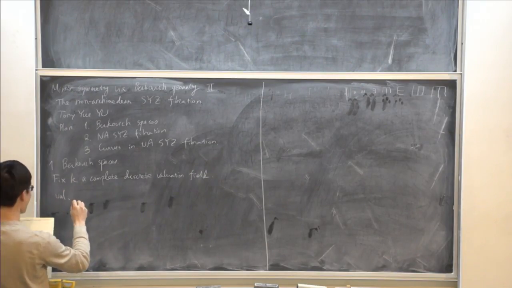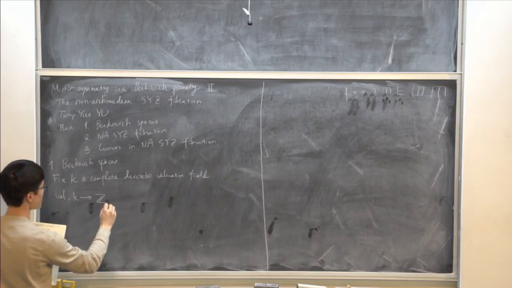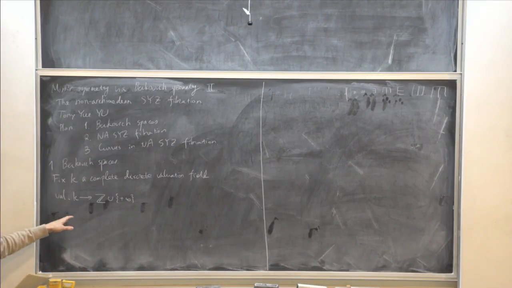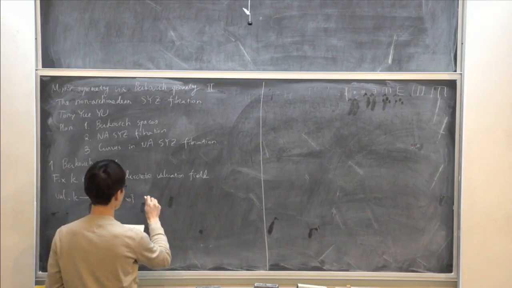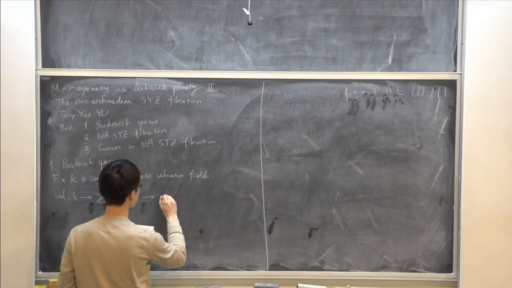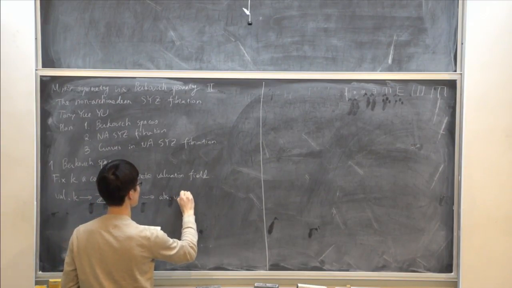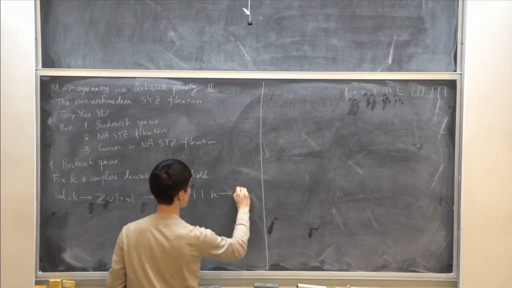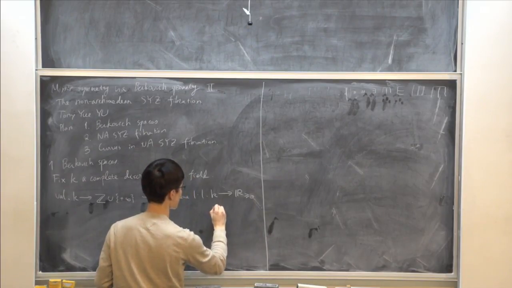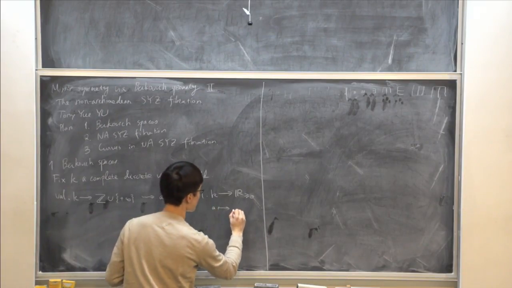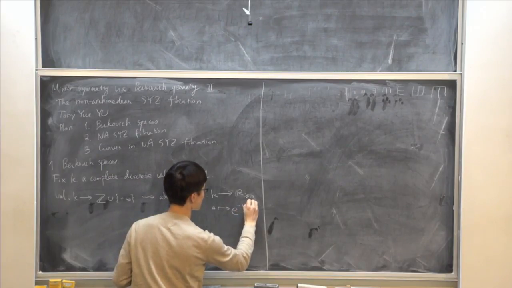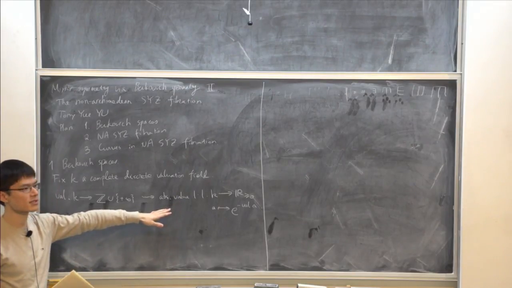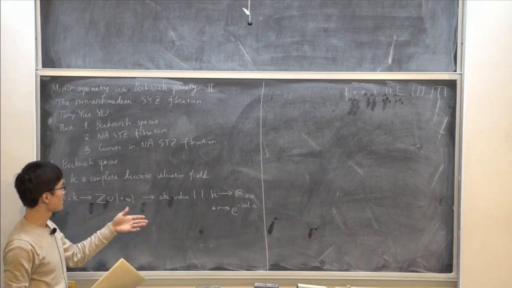So we have a valuation map from K to the integers plus infinity, and we also have an absolute value on the field K given by the valuation, which sends an element A to exponential of minus valuation of A. So the absolute value is just the exponential of the valuation.